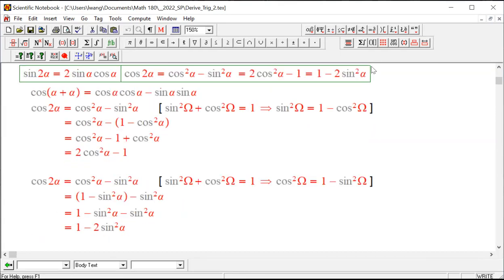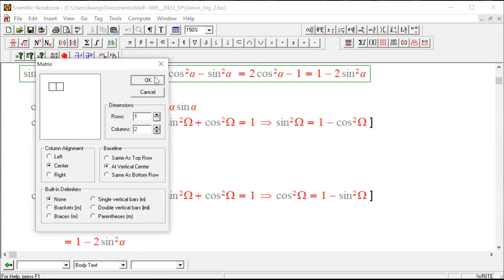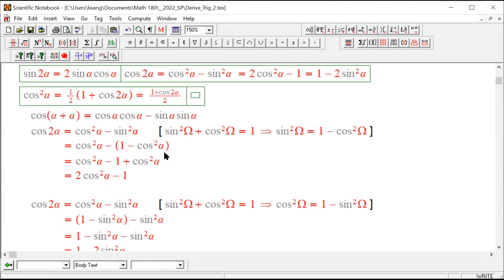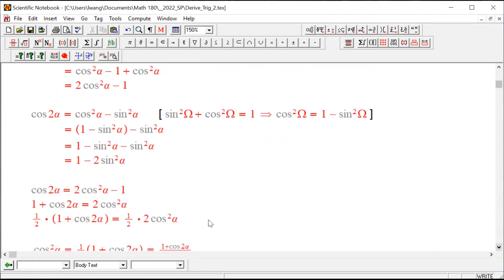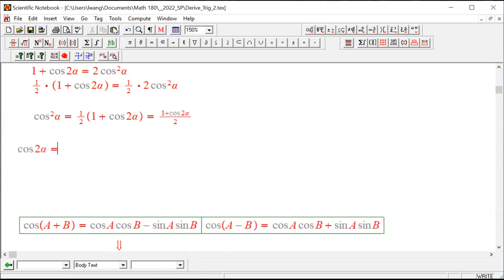So from the double angle formula, we got one of these. And we're certainly getting another one, and this other one is from here. So cosine 2 alpha, the double angle, is equal to 1 minus 2 sine squared of alpha.